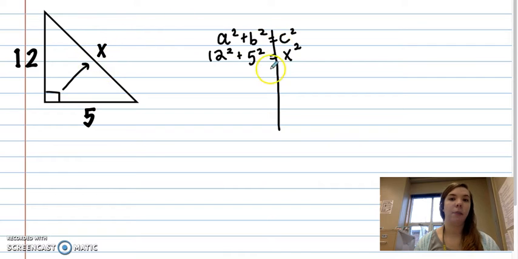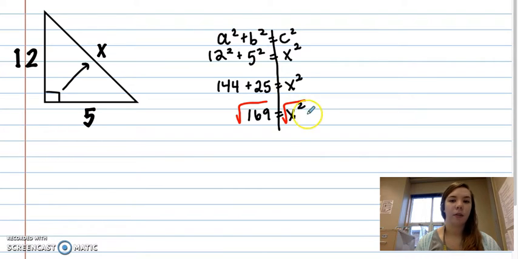This has to be c. 12 squared is 144. 5 squared is 25. So then you have 169 equals x squared. So then I'm going to square root both sides. So x is 13. This side length is 13. 13 is rational.